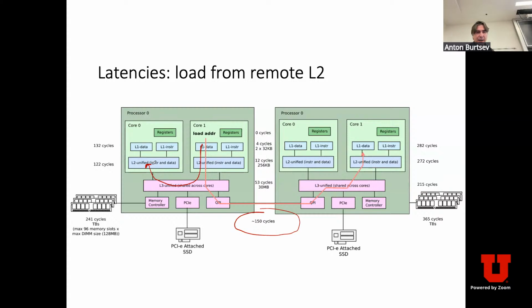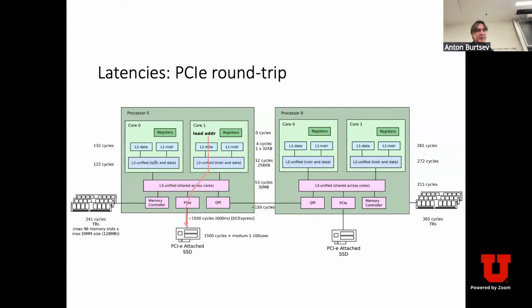Sure. What else did I want to show? Accessing devices, roughly speaking, is 600 nanoseconds or 1500 cycles. PCI is reasonably fast, although a lot of time will be spent on the device itself. You rarely see a device that can do something with sub-microsecond latency; only network interfaces can.